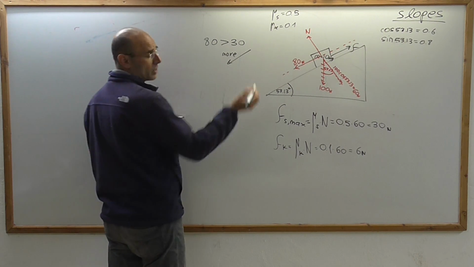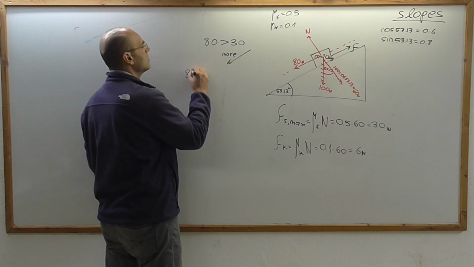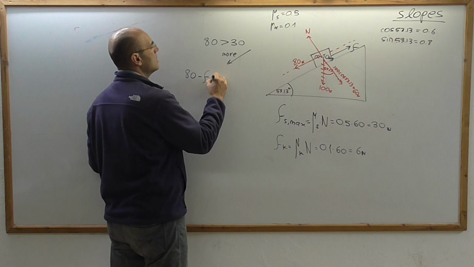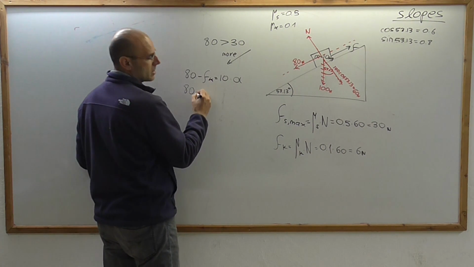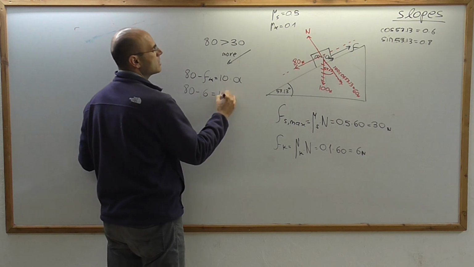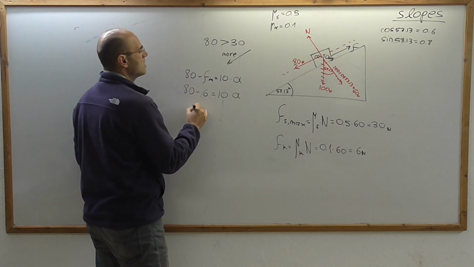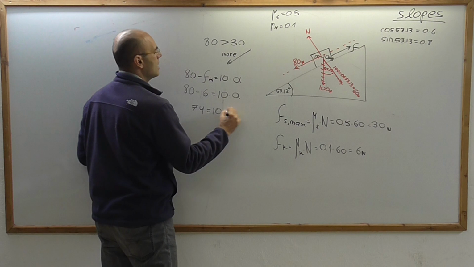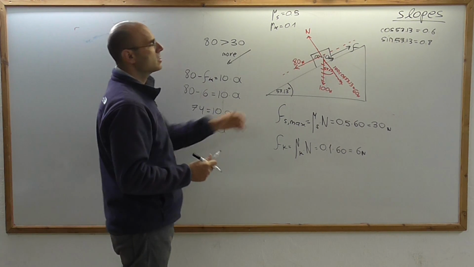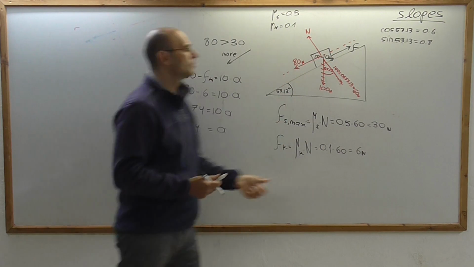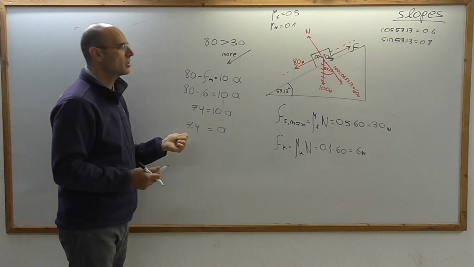So what we get according to the second law of Newton is 80 minus F kinetic equals 10 multiplied by A. 80 minus 6 equals 10 multiplied by A. 74 equals 10A. A equals 7.4. So this mass will accelerate downwards with this acceleration.